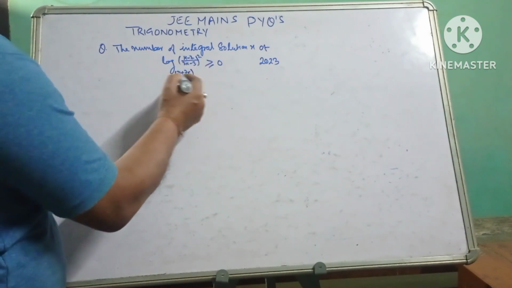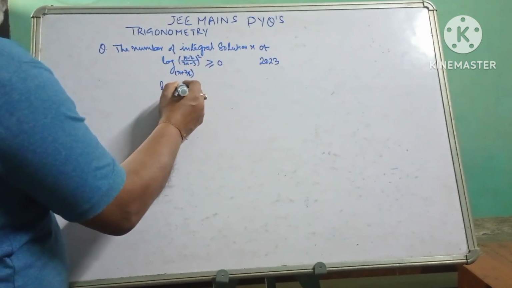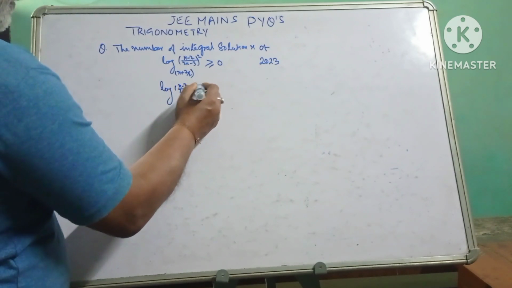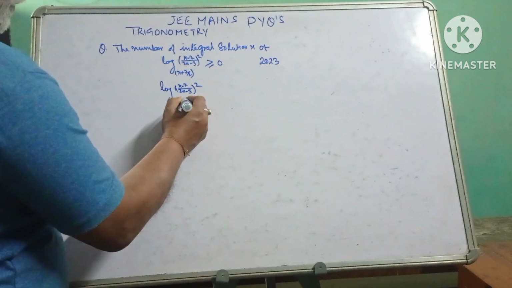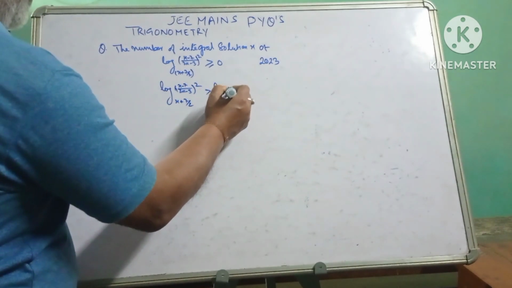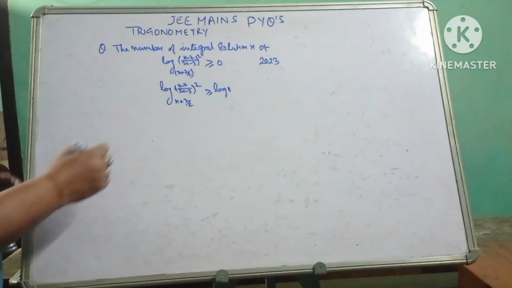So here you see we can write this as log base x plus 7 by 2 of (x minus 7) by (2x minus 3) the whole square, greater than or equal to log 1. Log 1, because log 1 is 0. Anyways it is 0.